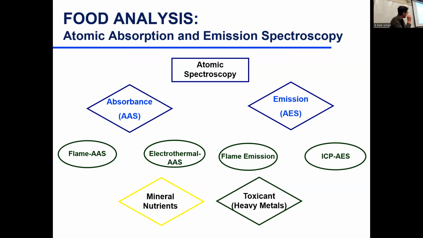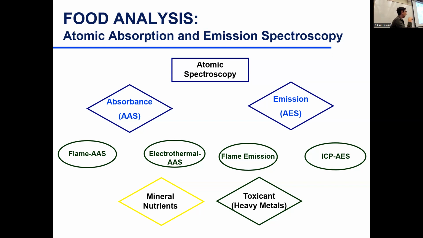And then you have the electrothermal atomic absorption spectroscopy. It's less common. We'll talk about it briefly today. And then under atomic emission, there is flame emission spectroscopy, and the most advanced, which you find in most labs that focus on mineral composition, is called ICP, or inductively coupled plasma atomic emission spectroscopy.